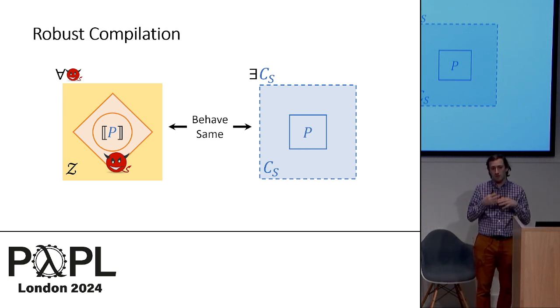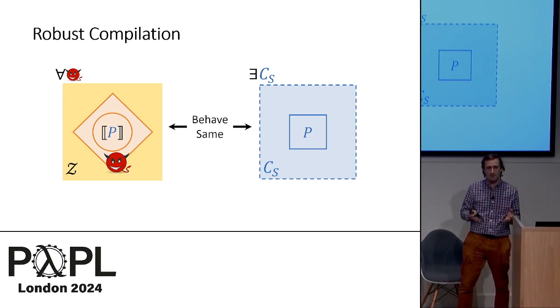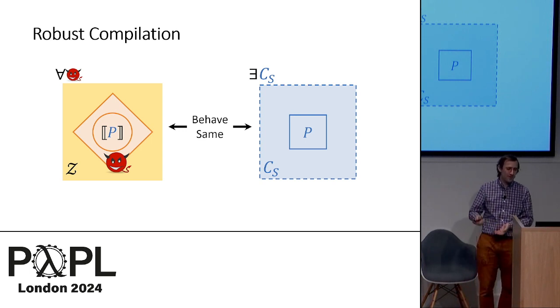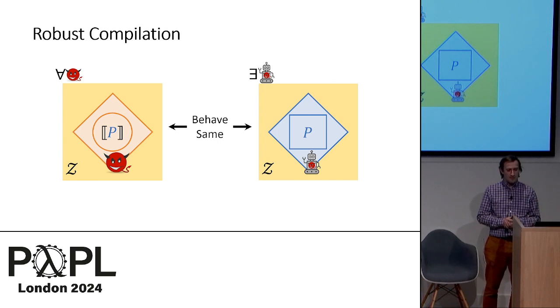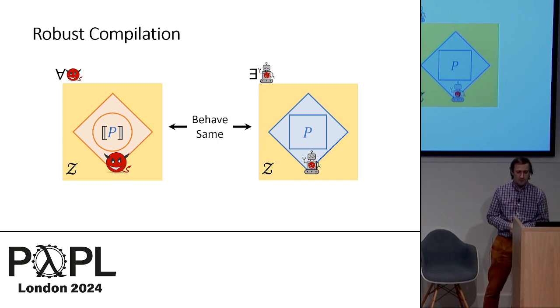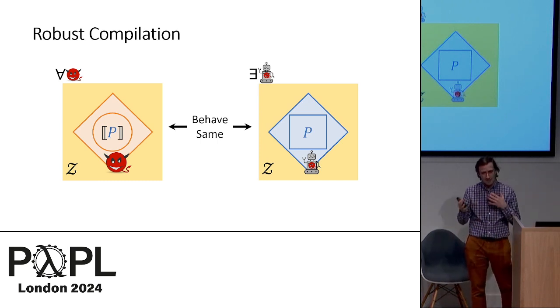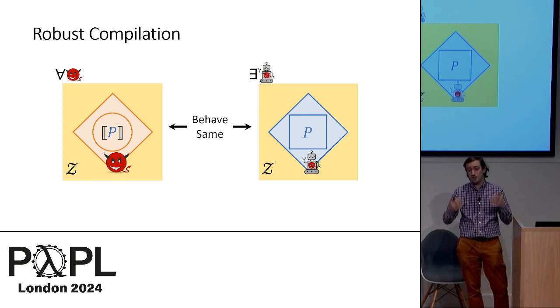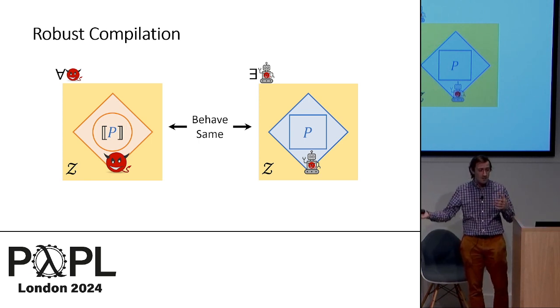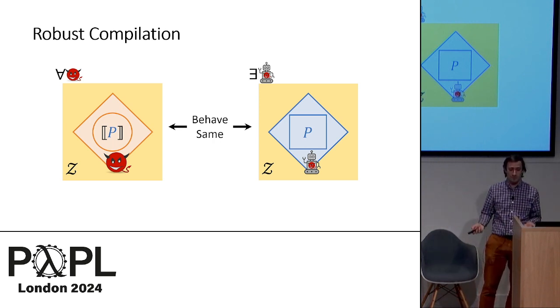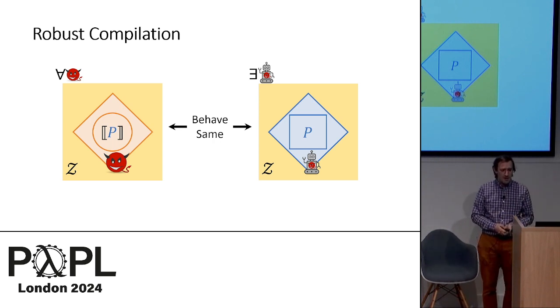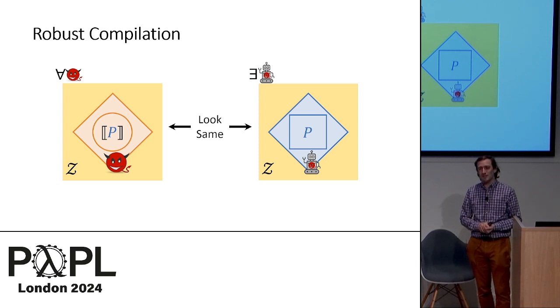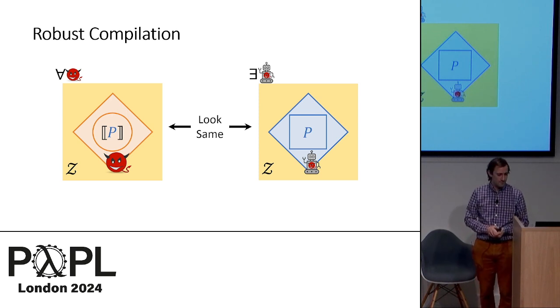The adversary is going to do all of the actual work that the context was doing. And we can do the same thing on the other side. We can say there exists a simulator that does the same thing. In the context, the environment is just providing external inputs and watching what's happening, nothing else. So it's going to be the same environment on both sides. And so instead of behaving the same, we can say these look the same to that environment.